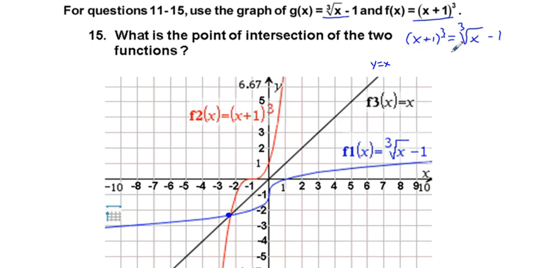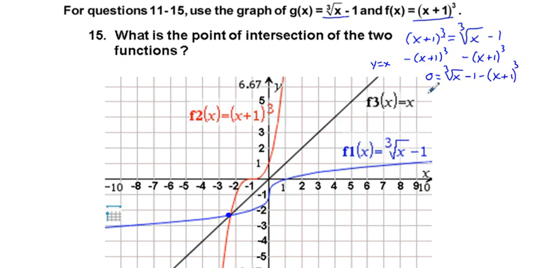And to do that, we're going to set one side of this equation equal to 0. So I'm going to subtract quantity x plus 1 cubed from both sides of this equation. And so we end up with 0 on the left side is equal to cube root of x minus 1 minus quantity x plus 1 cubed.